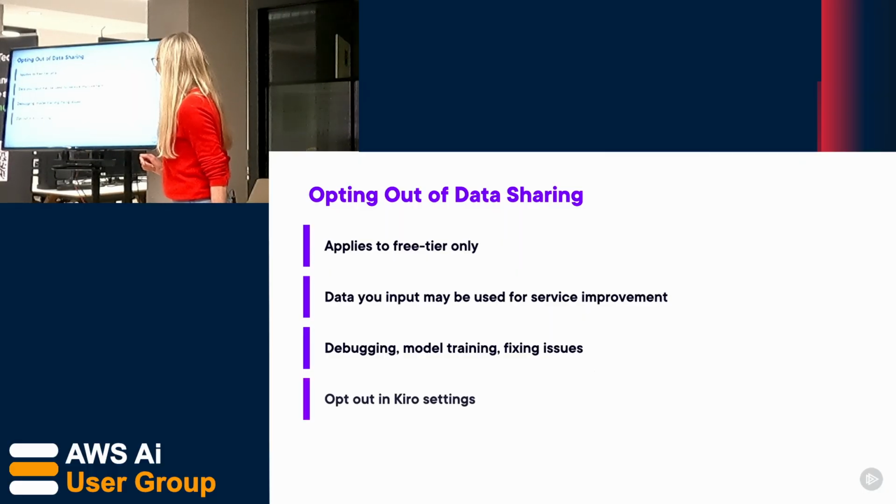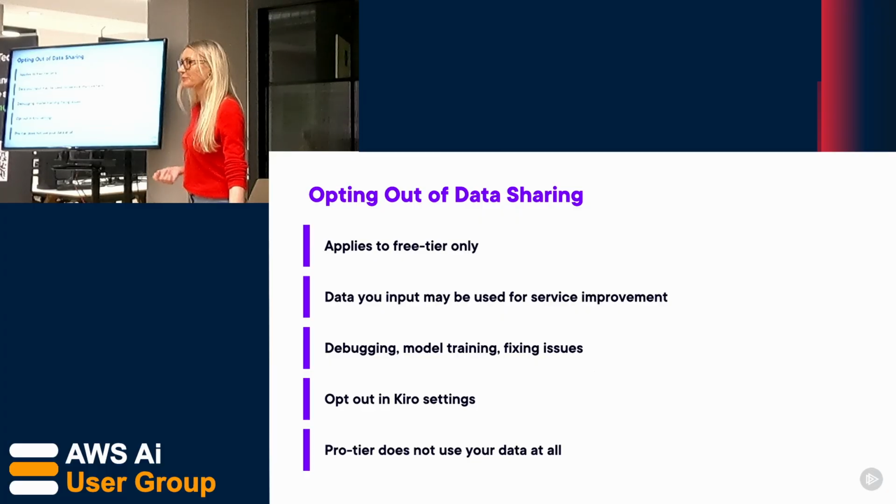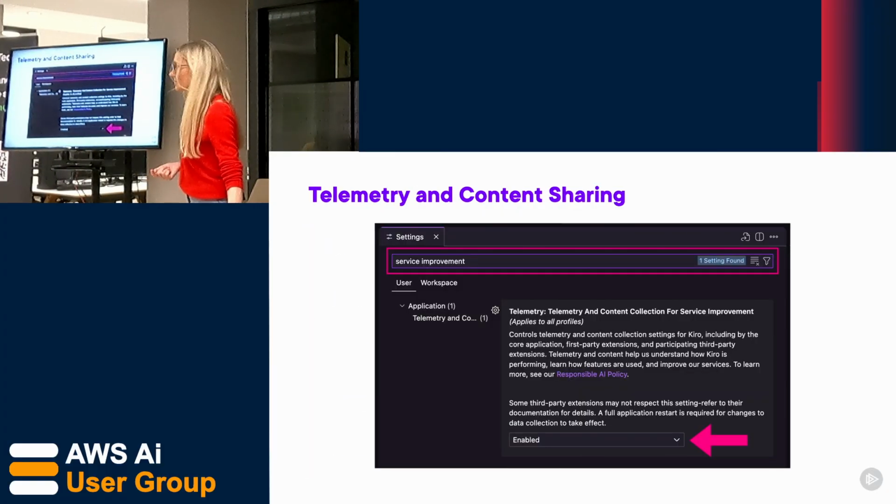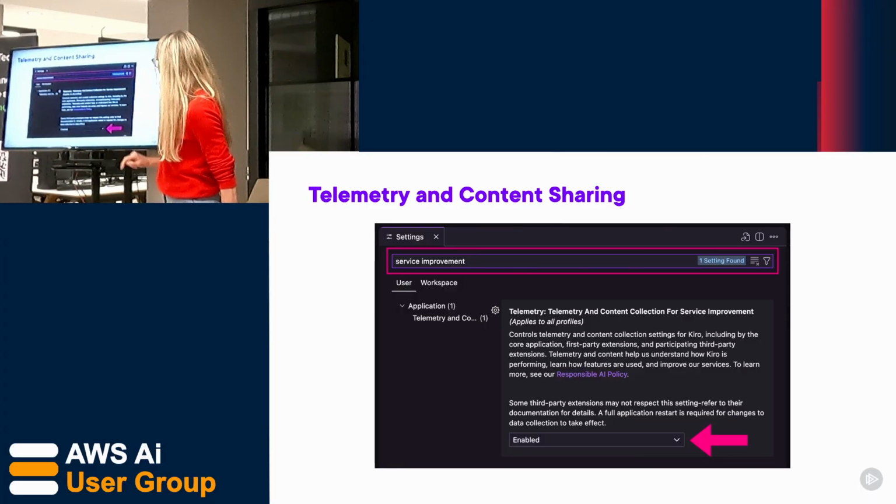So you can opt out in the settings, very, very easy to do so. But if you're using the Pro tier, it's not using your data in any way. And I went into my settings this afternoon to make sure that they were disabled. I recently upgraded and yeah, they were enabled. So if you search for telemetry or service improvement, you'll find the setting and you just disable it there. Very easy.